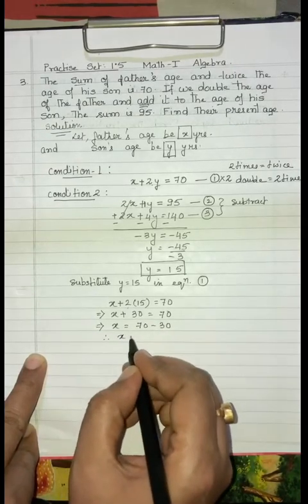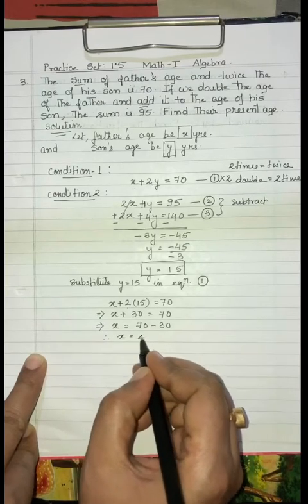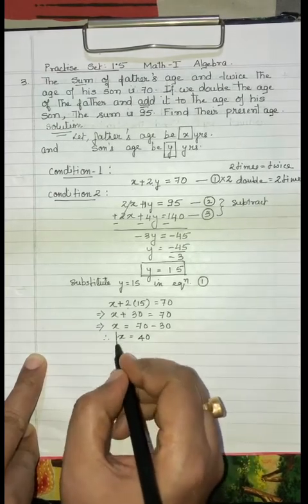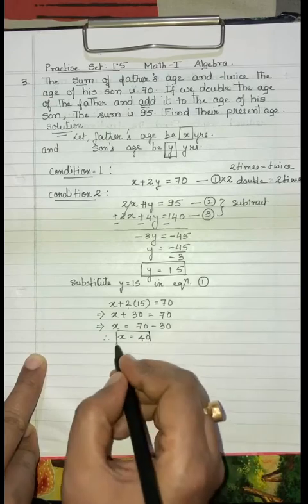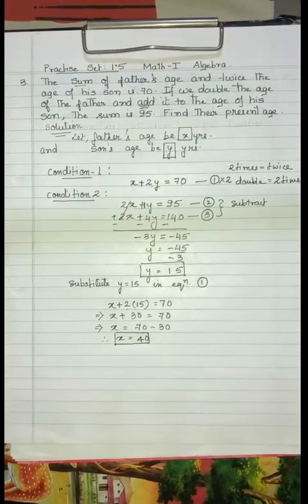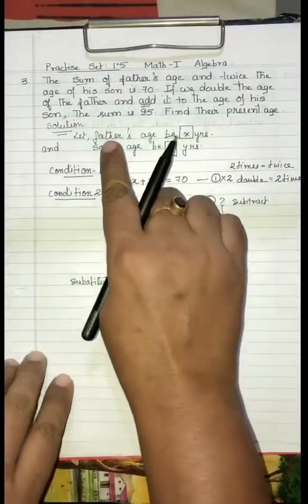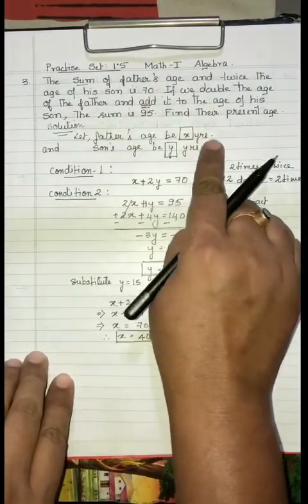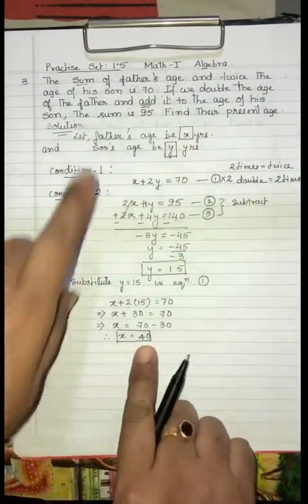Therefore x is equal to 40. Now you got the value of x as well. So you have to write your final answer as, see, father's age be x years, x is 40.